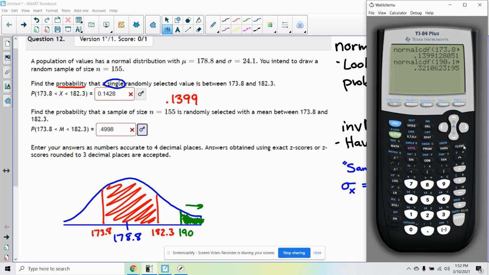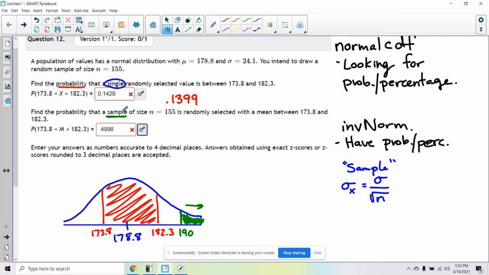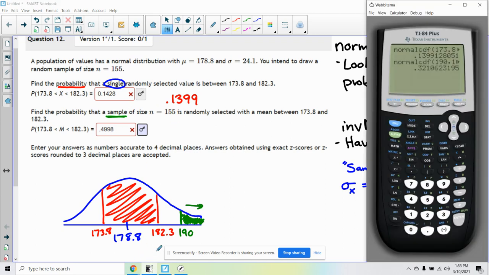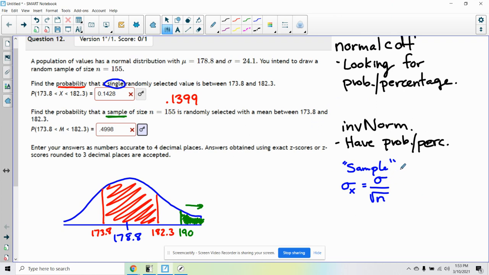Now the second question says, find the probability that a sample of size 155 falls between those two values. Here we have the word sample. So I'm going to go back into distributions. I'm still looking for a probability. My lower bound is 173.8 and my upper bound is 182.3, like before. My mu is still 178.8, but now my sigma is going to be the sigma of the population divided by the square root of the sample size.